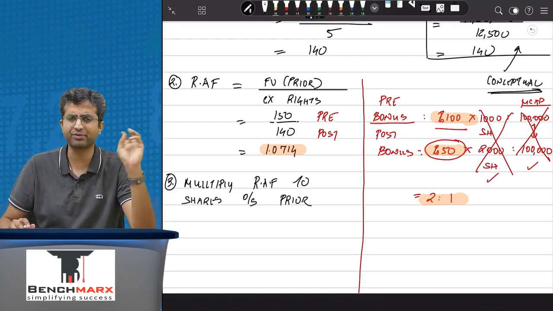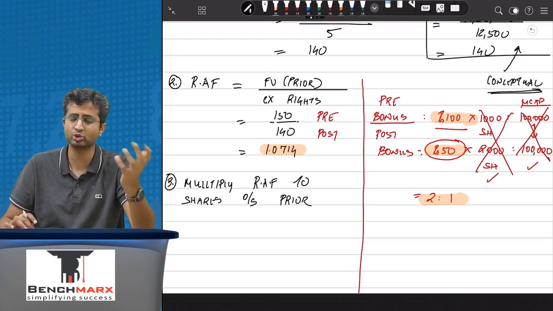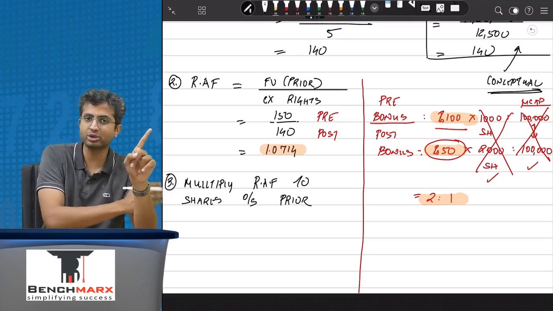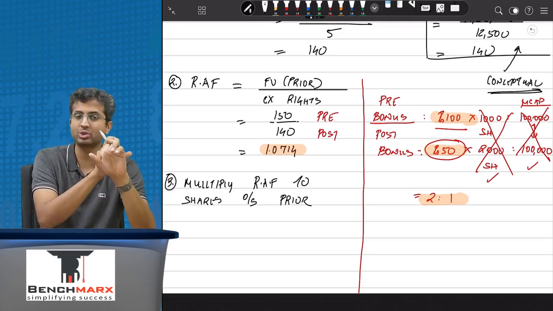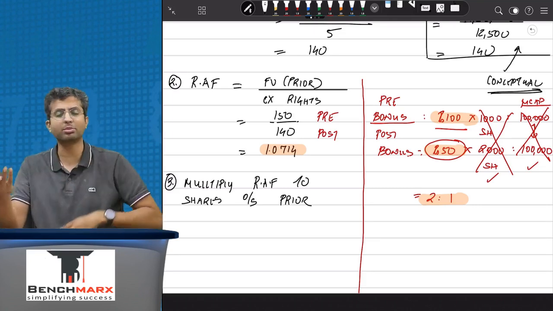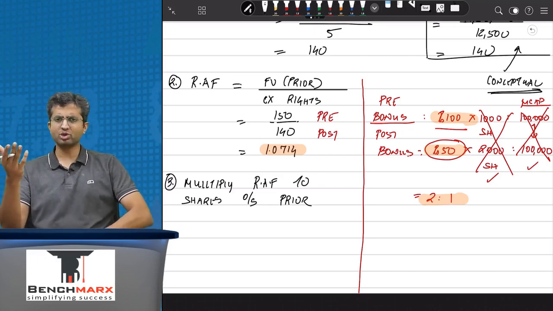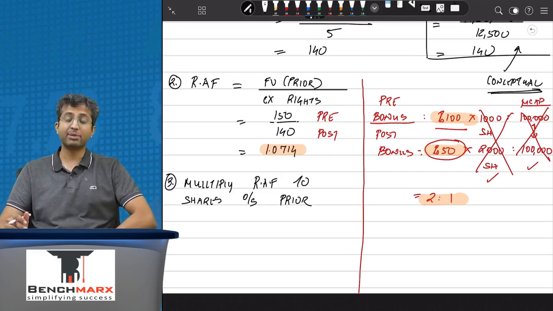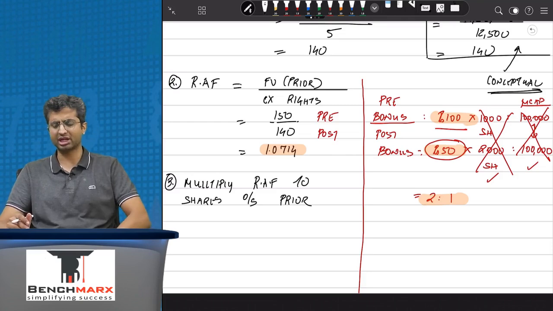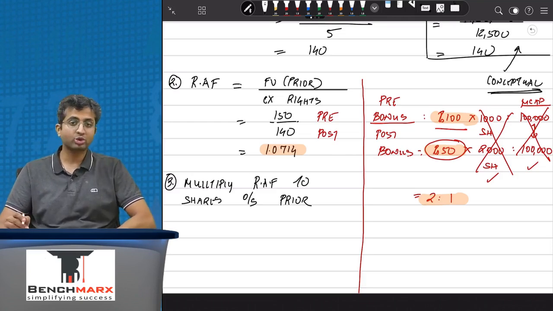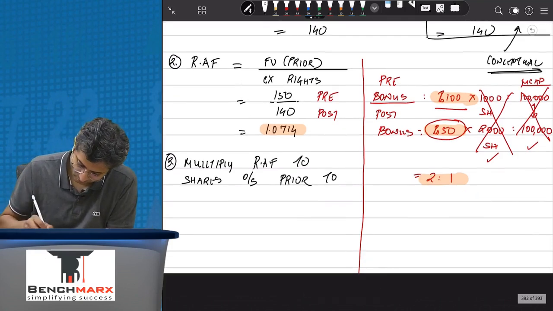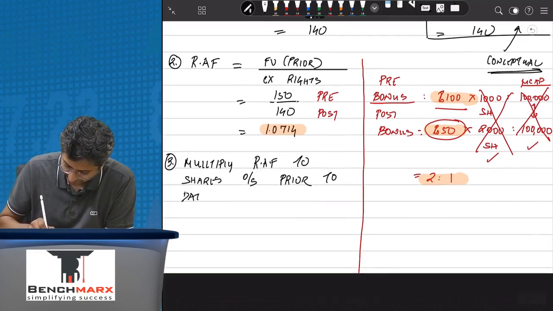So the bonus adjustment factor in question 3, that was 4:3, you multiplied to 10 lakhs which was outstanding prior to the date of bonus, to 2 lakhs which was outstanding prior to the date of bonus, but you did not multiply it by to 2,50,000 which was after the date of bonus. Similarly, the rights adjustment factor is a hidden bonus, and bonus has to be retrospectively adjusted, and hence you will multiply it to all the shares that are outstanding prior to the date of right.